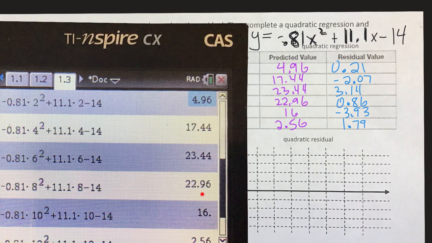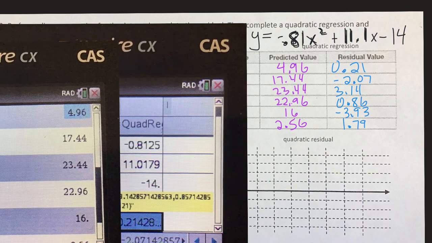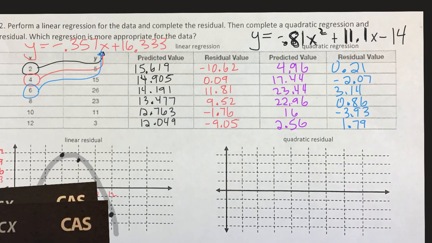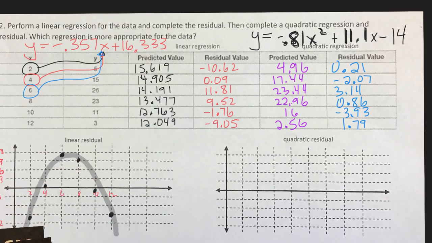And these became all of the predicted values from your quadratic regression equation. Okay, they're not the actual values. The actual values, of course, come from your data, right? And so we're looking at the difference between the calculated value and your actual value.